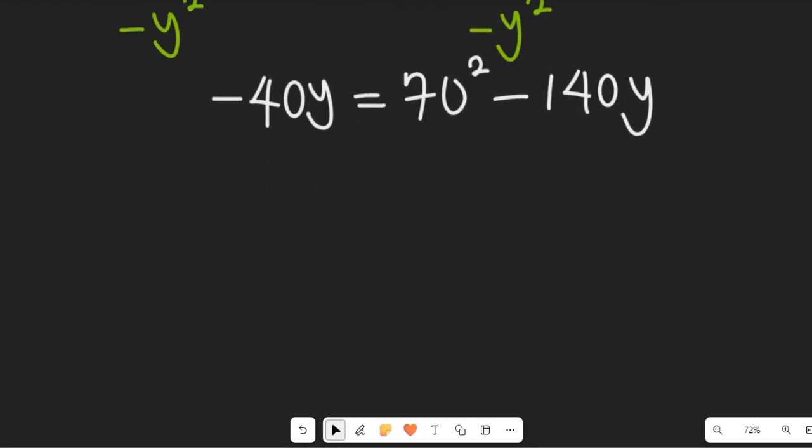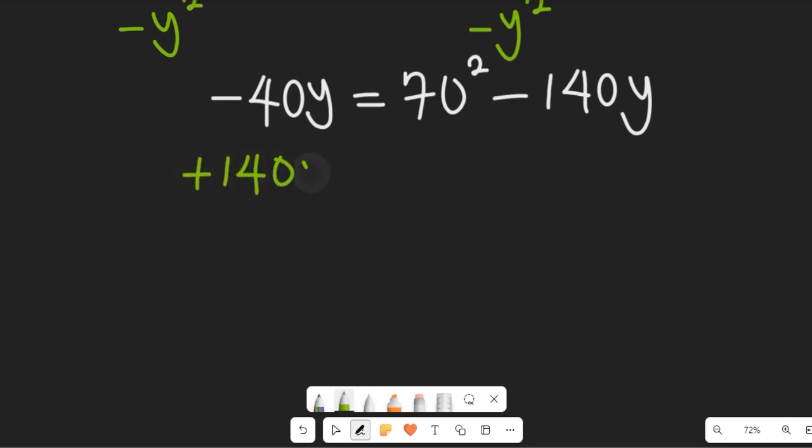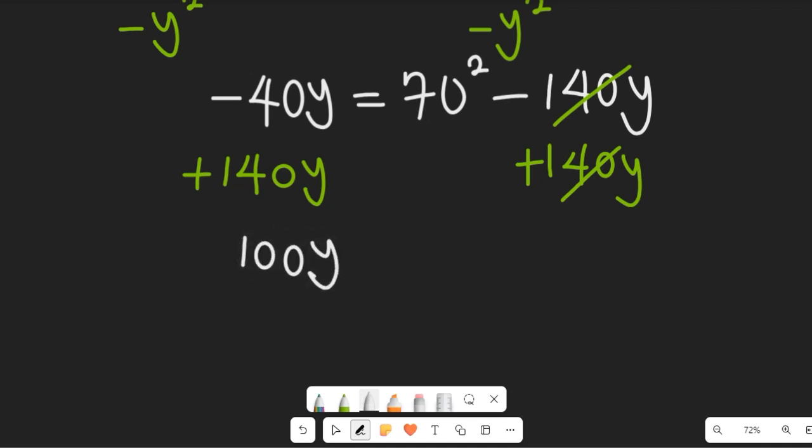So the next thing we are going to do is to add 140y to both sides. We'll add 140y to both sides, and this is going to clear this, and then we'll have here to become 100y to be equal to, this is going to give us 70 squared.